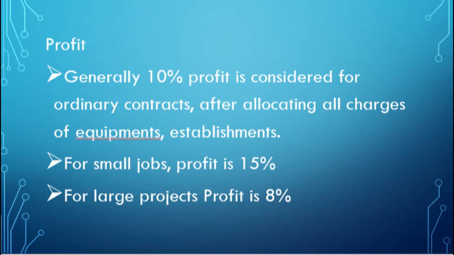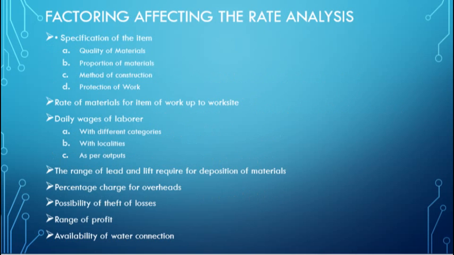Now, what are the various factors that will affect the cost of the project? Various factors that may affect the cost of the project are, number one, specification of item.